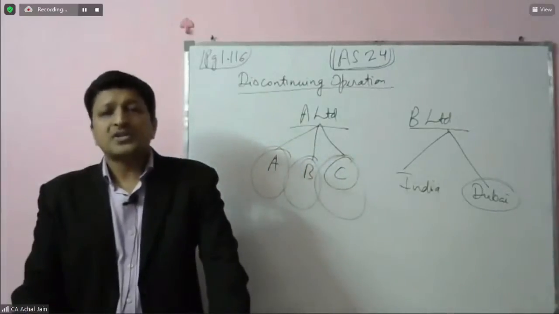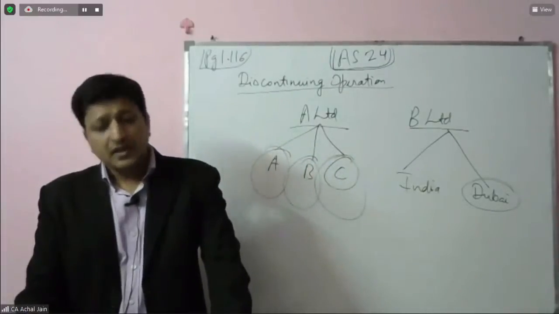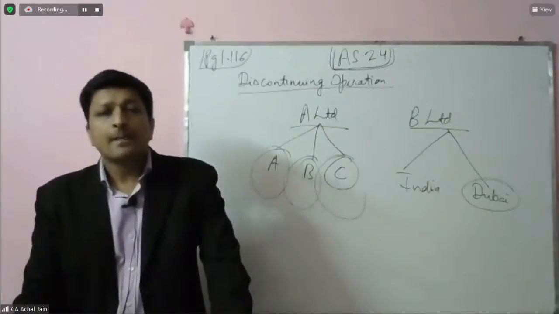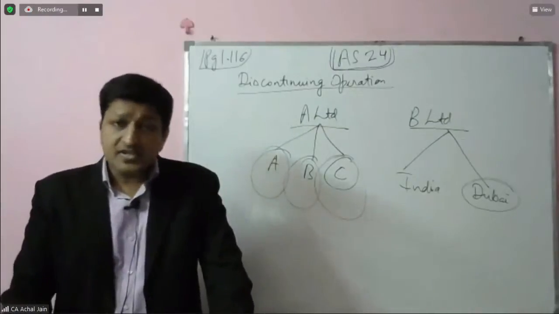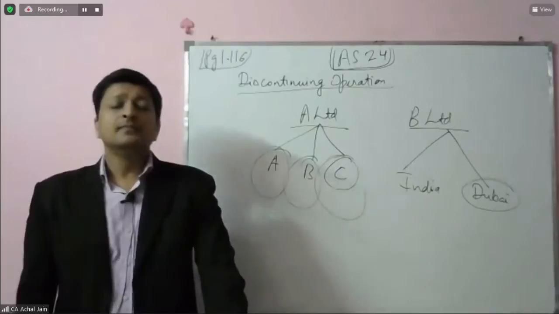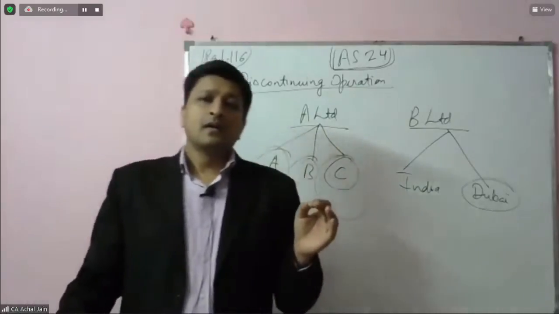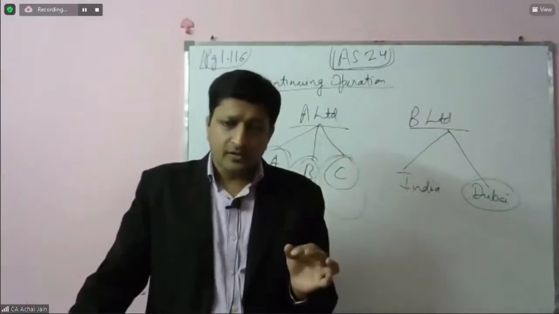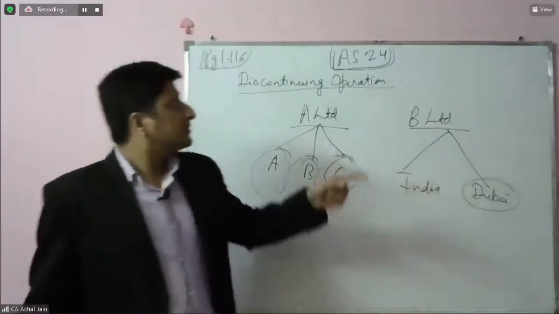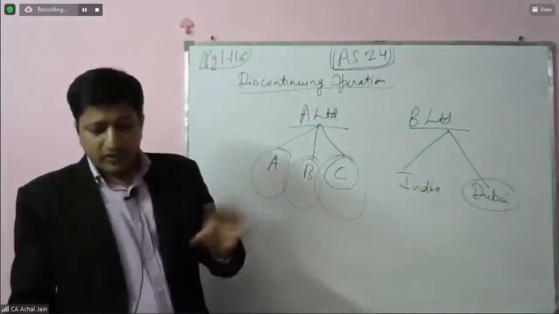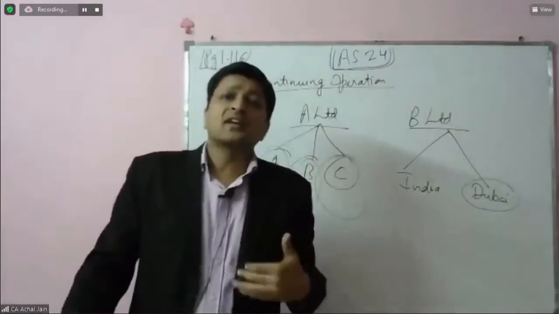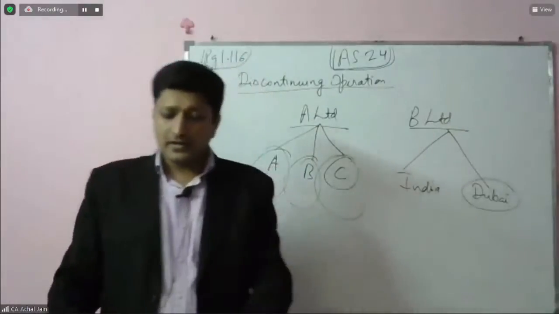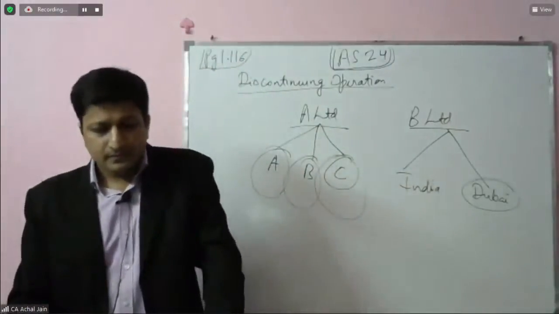Third, the operation is one which can be distinguished. In such a scenario, it will become a discontinuing operation to be covered under this accounting standard. Now, we have not yet discussed what is required to be done when it gets covered under this accounting standard.